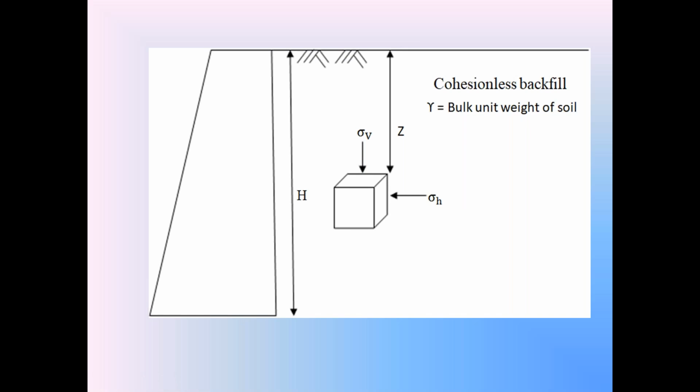So please follow Rankine's active earth pressure theory. We consider a retaining wall of height H supporting the backfill. The backfill is a cohesionless soil in dry condition. Take gamma as the bulk unit weight of that soil. Consider a soil element in the backfill at a depth z from the top. Initially assume the retaining wall and backfill are in rest condition.